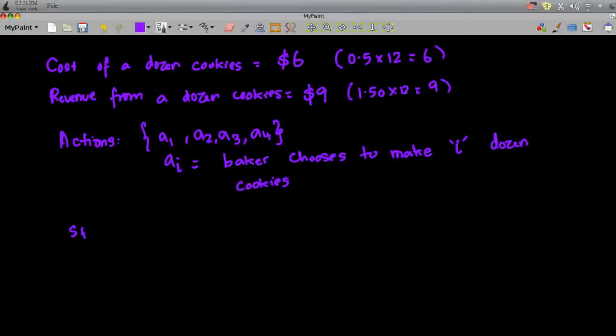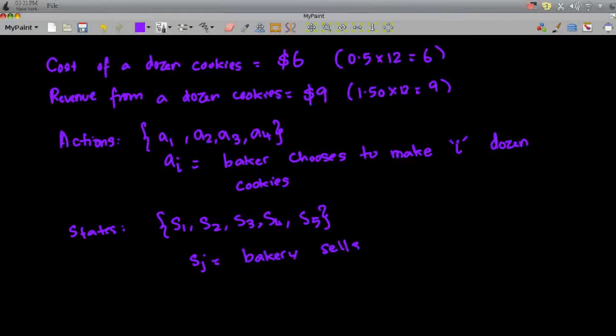And the states are S1, S2, S3, S4, and S5. So S_j would mean the bakery sells j dozen cookies.